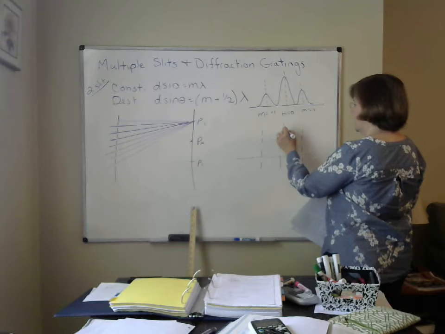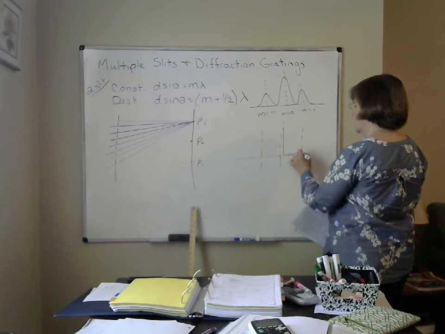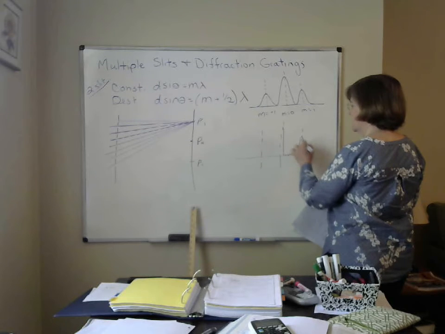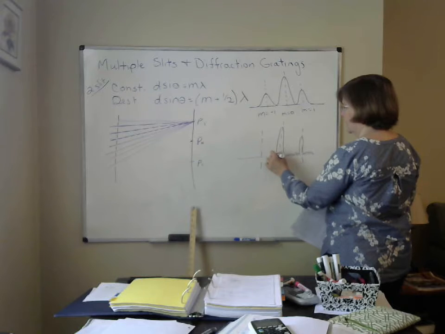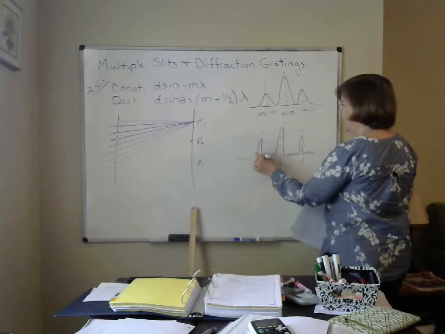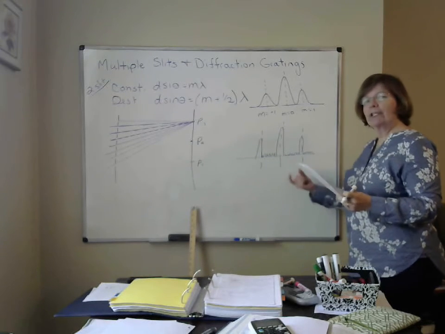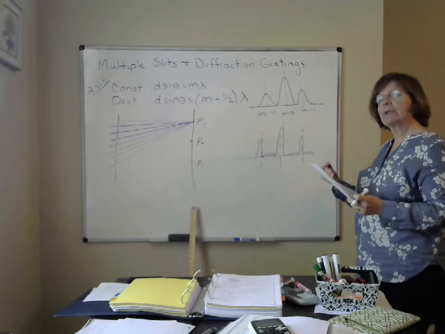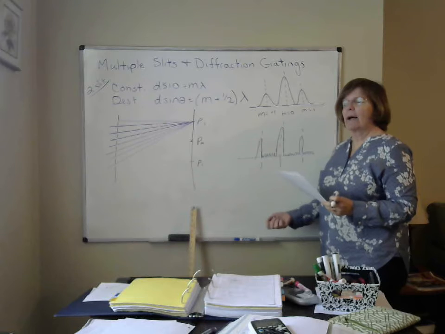So we have our bright, but it comes down really sharp. There's 1 minimum, 2, 3, 4, 5, 6, 7, and then we get our peak and more minimums. And the result is, and this probably isn't drawn, these get much narrower and sharper. So there's an advantage to using lots and lots of slits.